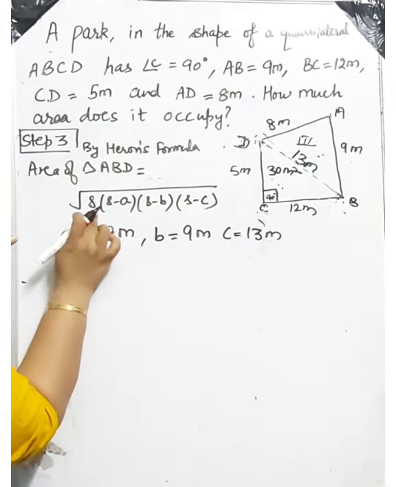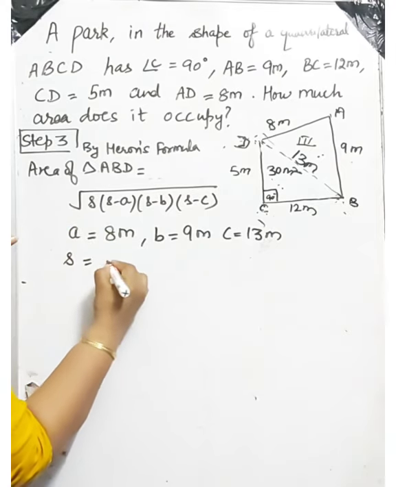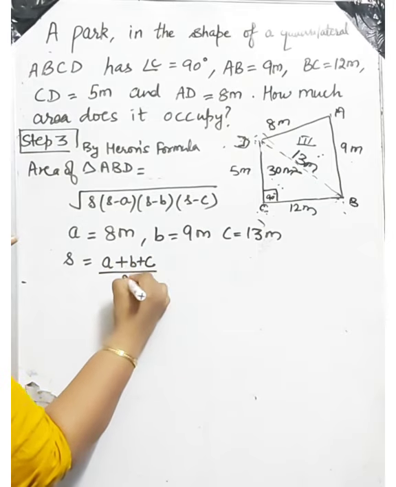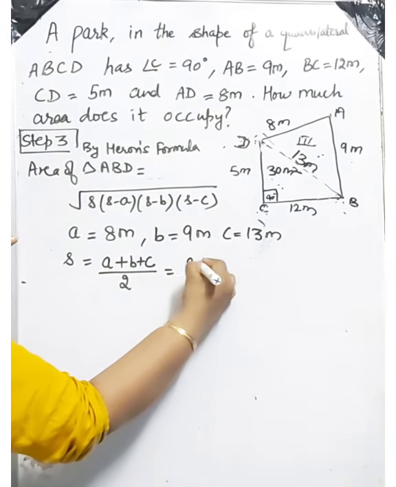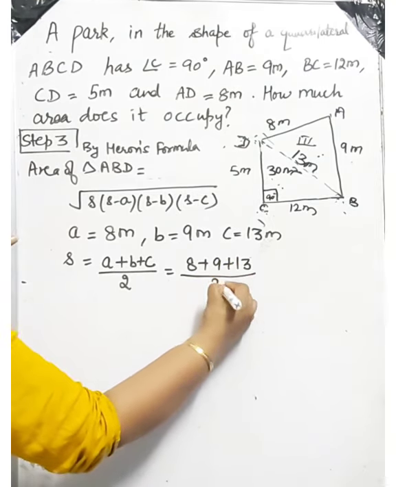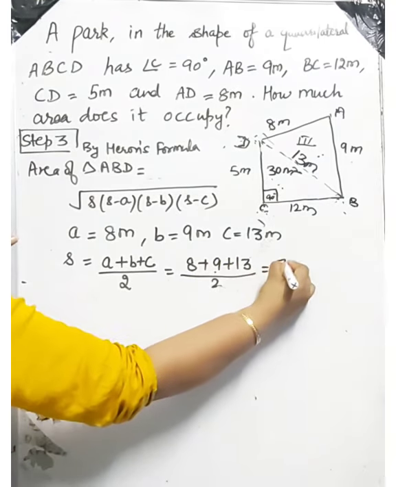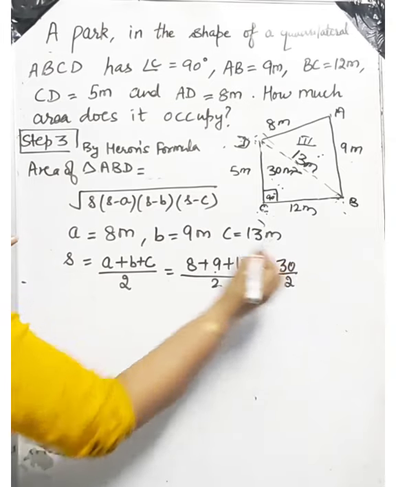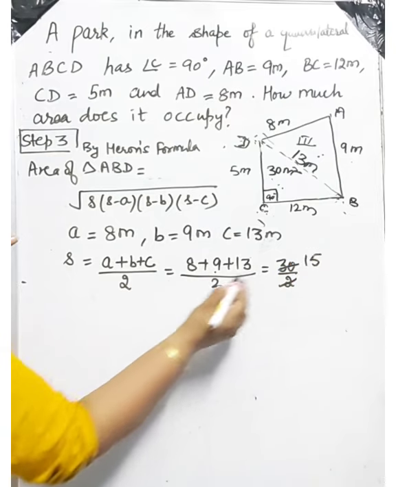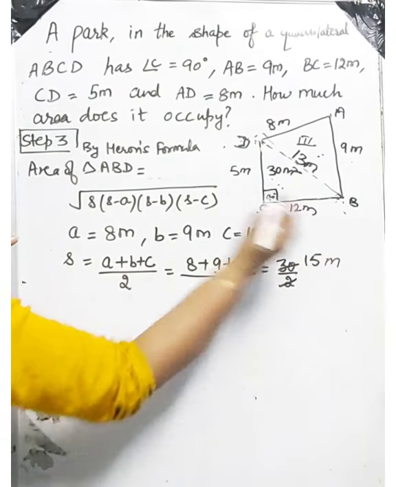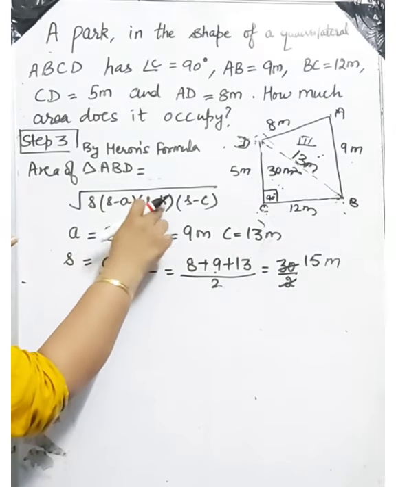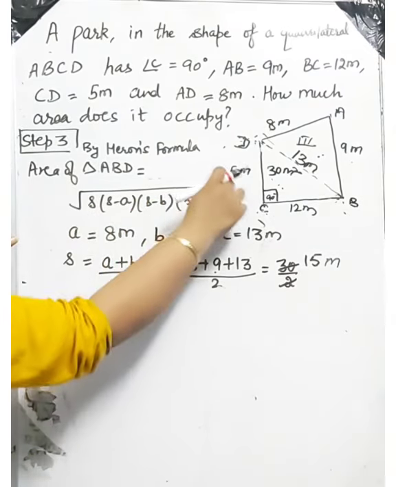First of all, we have to calculate semi-perimeter. Semi-perimeter equal to A plus B plus C divided by 2. 8 plus 9 plus 13 divided by 2. Sum will equal to 30. 30 divided by 2, then semi-perimeter is equal to 15 meter. Now we have to put semi-perimeter value of A, B, C under this square root.